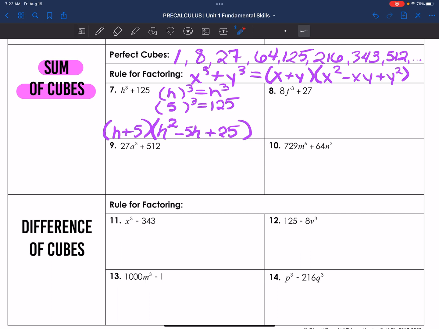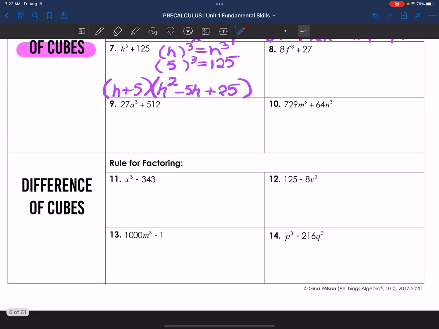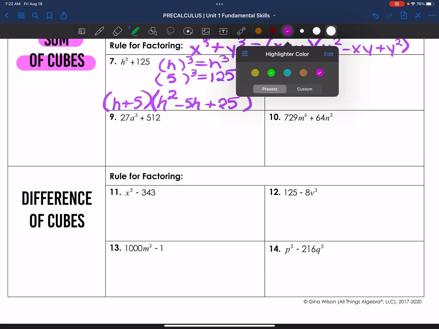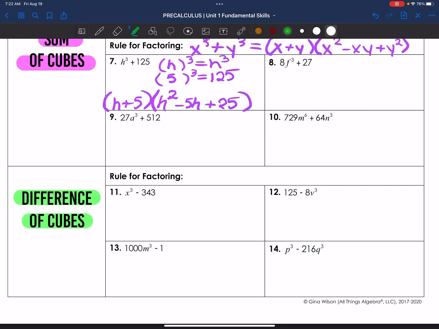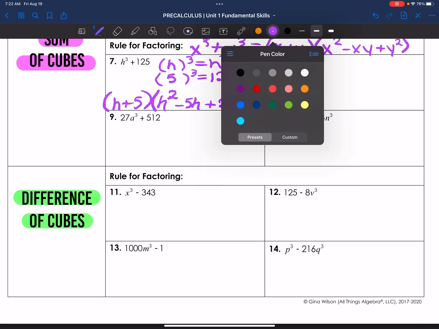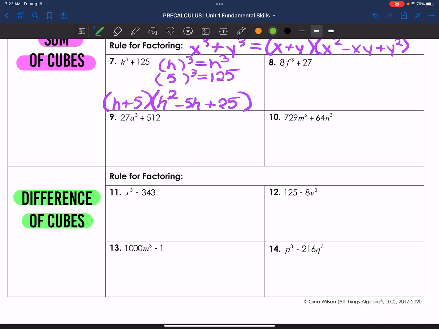Now there's one very much like it, and that is down here at the bottom of our page. It's called the difference of cubes. The difference of cubes is going to be very much like our sum of cubes, but check out the pattern. You're going to have your quantity x cubed, but instead of adding, it's going to be subtracting another cube.